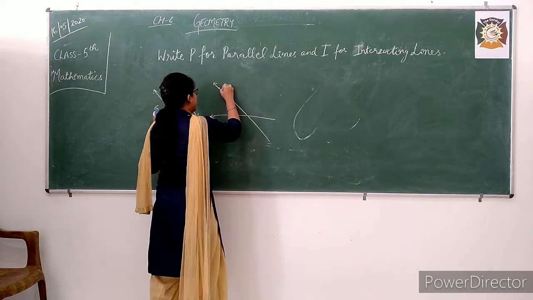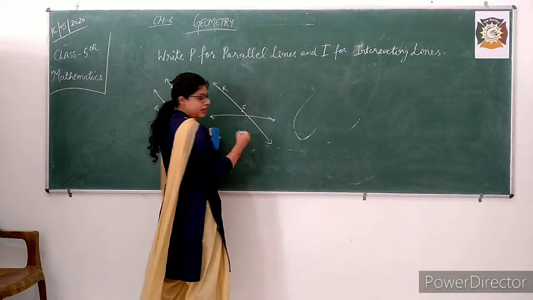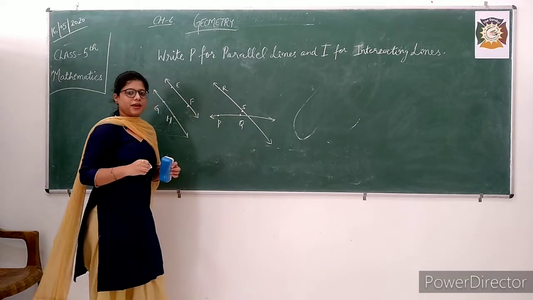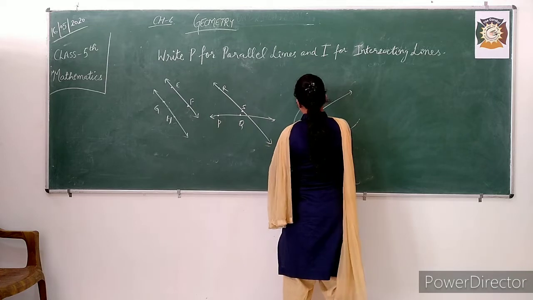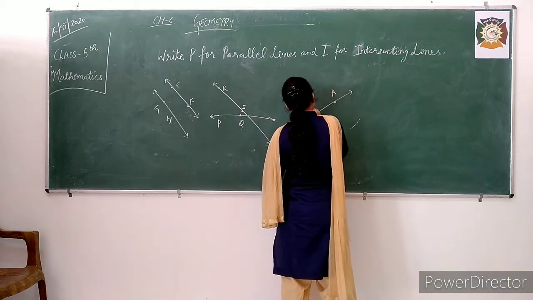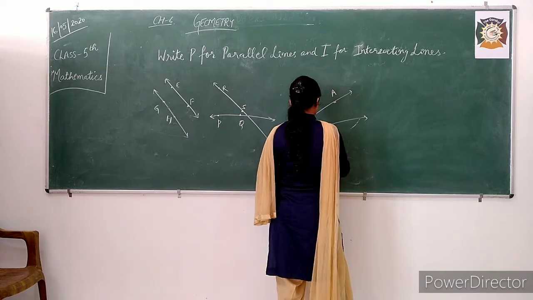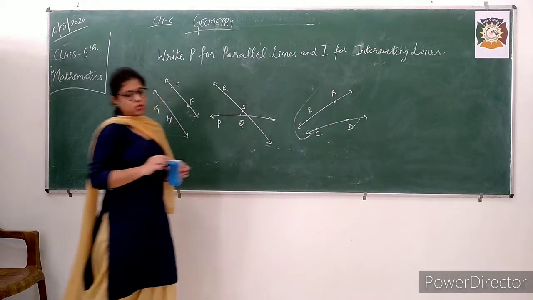Next is line RS and PQ. Are these intersecting or parallel lines? Next is line AB and CG. Okay, so let us do it.